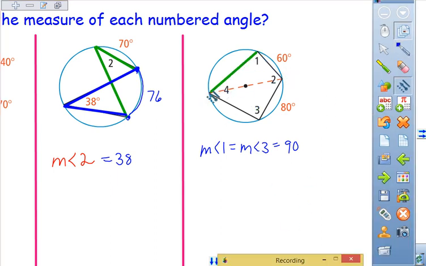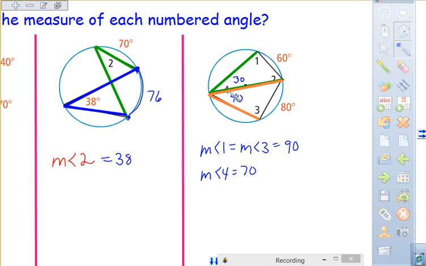Now I'm going to get this dotted line involved, which is the diameter. It looks like this angle hits the arc 60, so this would be 30. And if I did this angle, it hits 80, so I'm going to call this one 40. So then angle 4 equals 70.